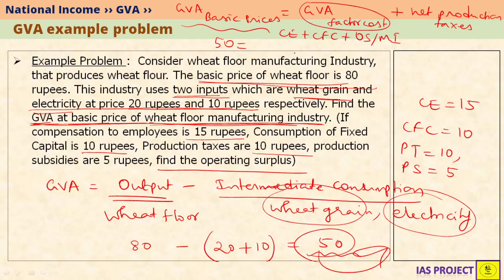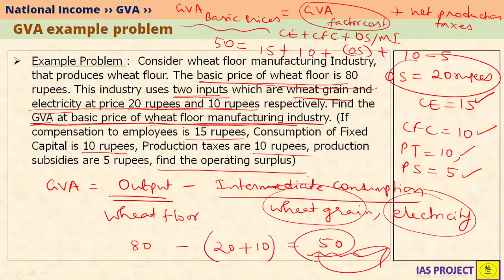So CE we have as 15, plus CFC we have as 10, plus operating surplus, which is not known, plus net production taxes, which is nothing but production tax minus production subsidy. So 10 minus 5. So if we solve this, we will get operating surplus as 20 rupees. So I hope you have understood this problem.